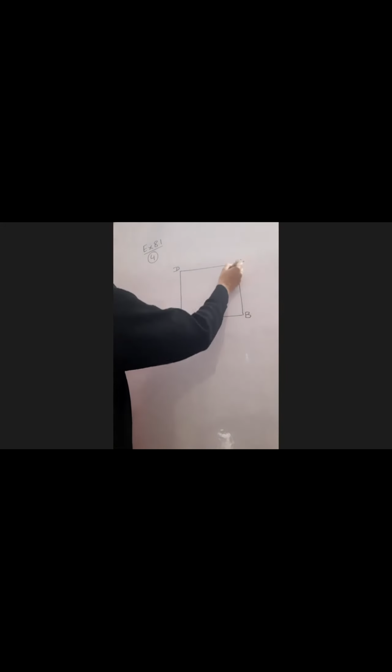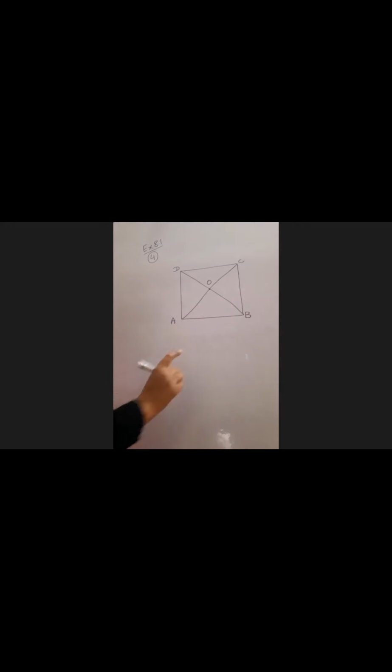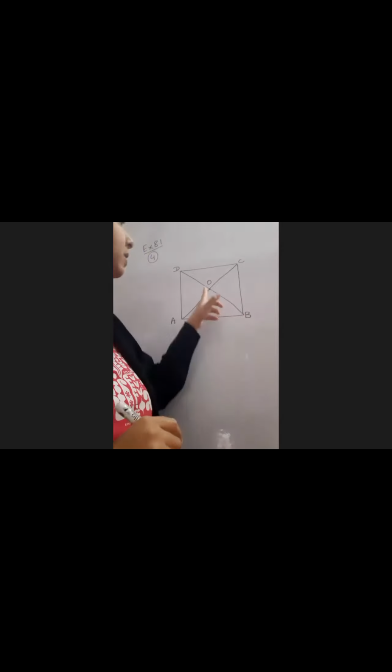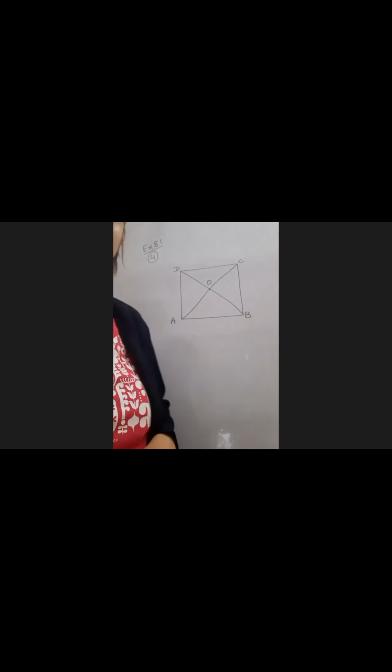And we shall show that these diagonals AC and BD are equal. First thing we shall prove this, that AC and BD are equal. Then we shall show that they are bisecting each other at O at 90 degree. So three tasks we have to do. Now first focus is on AC and BD. I need to show that these two are equal.